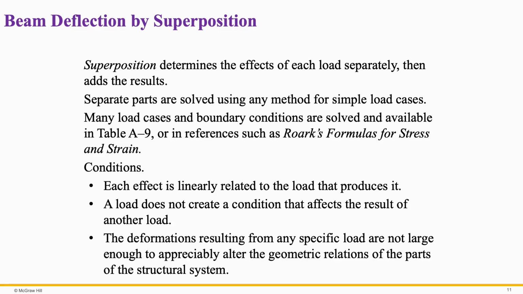The first condition: every effect is directly proportional to the load that causes it. The second condition: no load creates a condition that influences the outcome of another load. And the third condition: the deformations resulting from any specific load are not large enough to change the geometric relationships between the structural system's component parts.